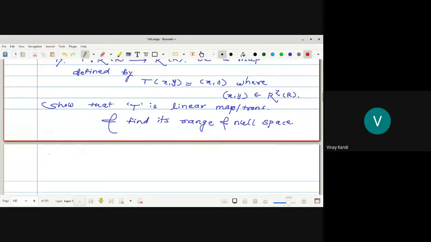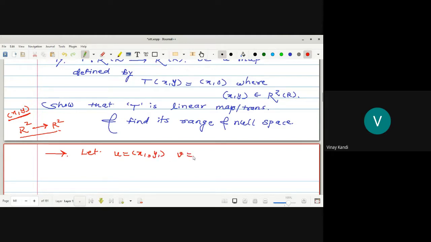Let the domain be R2 and the codomain also R2. Every element belonging to R2 is of the type (x, y), an ordered pair. So let u equal (x1, y1) and v equal (x2, y2).